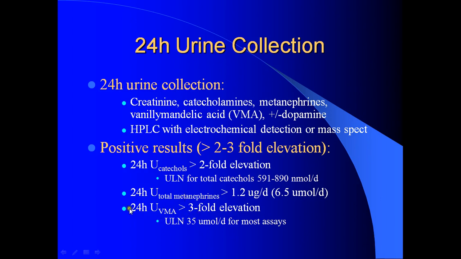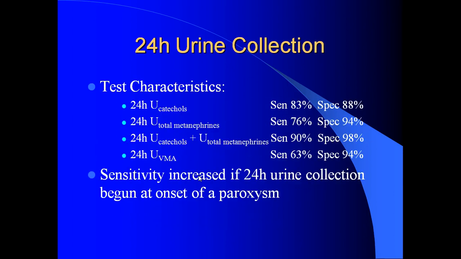Initially in Pakistan, we used to do VMAs because these were not available. Now, as these are available, we're not doing VMA because VMA assays are not that sensitive and specific. The urinary catecholamines and total metanephrine levels are more specific, around 90 to 99%.